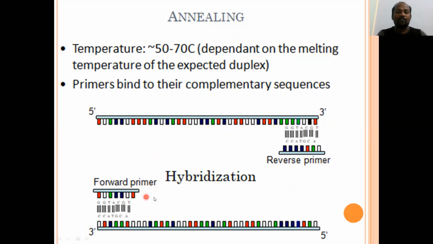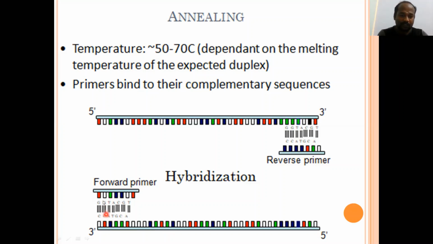So the forward and reverse primers attach to the complementary DNA molecule. This process is called hybridization. The hybridization takes place based on the specific DNA sequence. That means the primers have a specific DNA sequence containing base pairs that is specific only to the complementary DNA.